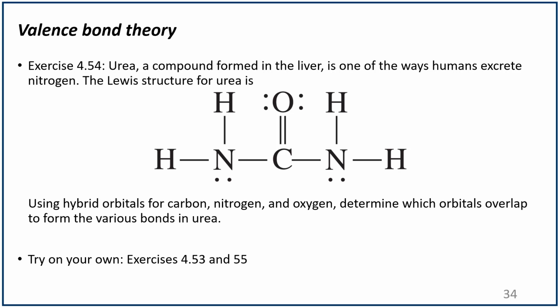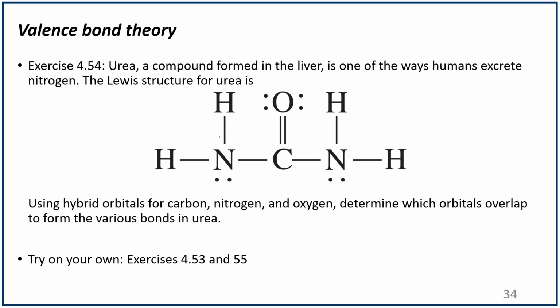Let's just answer this exercise, and then we will answer the other exercises in class online. So we want to know the hybridization of carbon, nitrogen, and oxygen. Let's start first with one nitrogen, because if we answer one nitrogen, then we've answered all of them already.